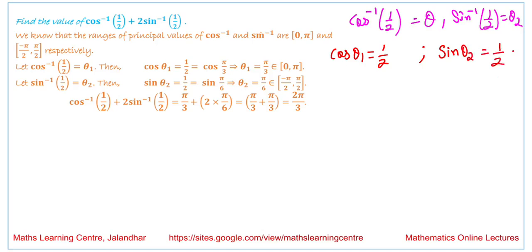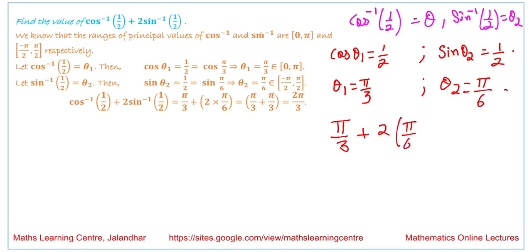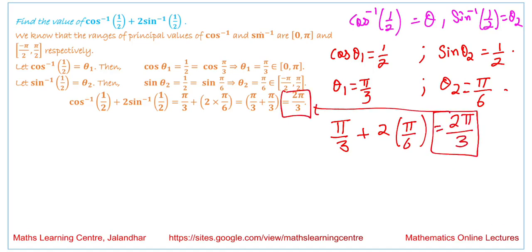Both these values are positive, so the values in the first quadrant are sufficient. So we get that the value of theta 1 is pi by 3 and the value of theta 2 is pi by 6. So the answer we obtain is pi by 3 plus 2 into pi by 6, that is equal to 2 pi by 3. So this is our final answer.